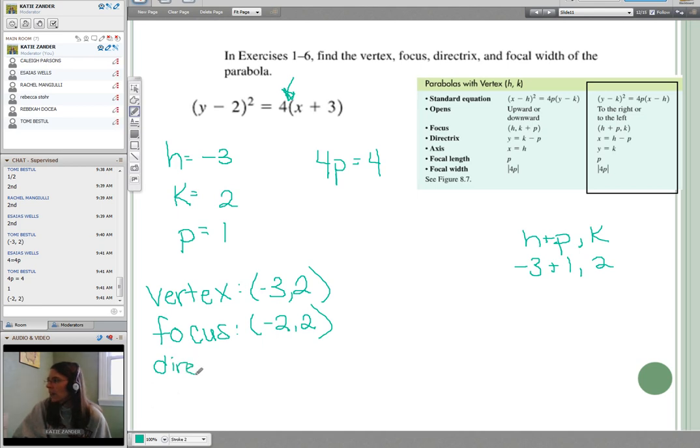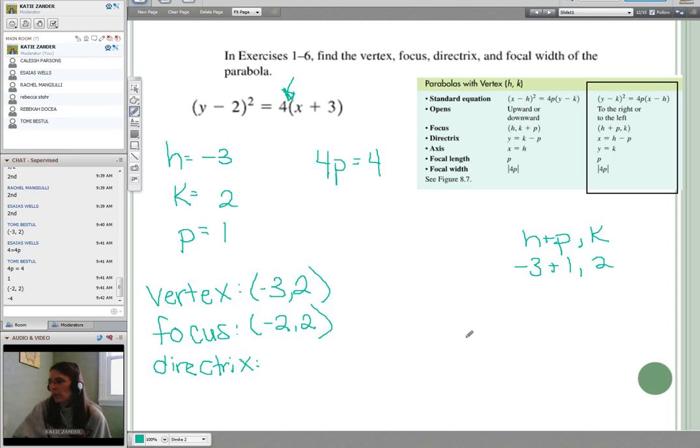Where is that occurring? And make sure we put that X or Y equals. So in this case, it'll be X equals H minus P. So that is our -4. But again, we need to have that X equals because sometimes it's a vertical line, sometimes it's a horizontal line. So we really need to decipher between the two by including the X or Y equals.